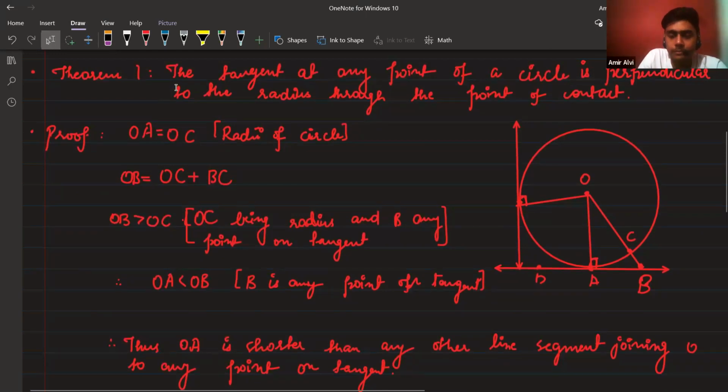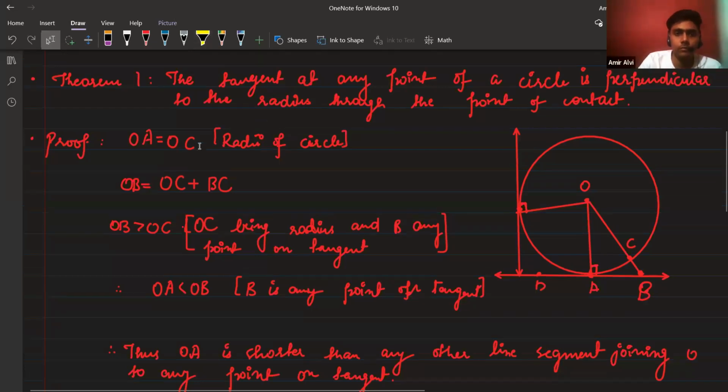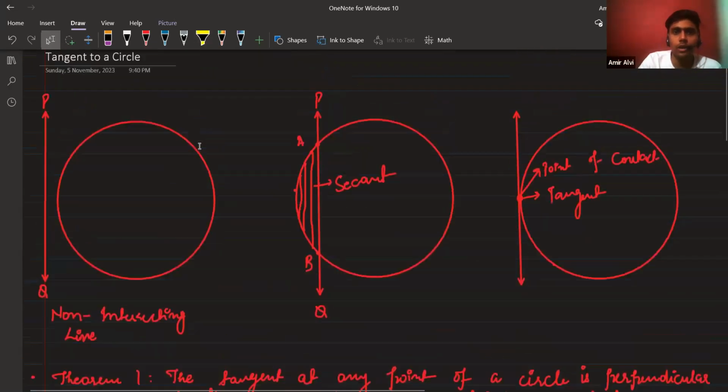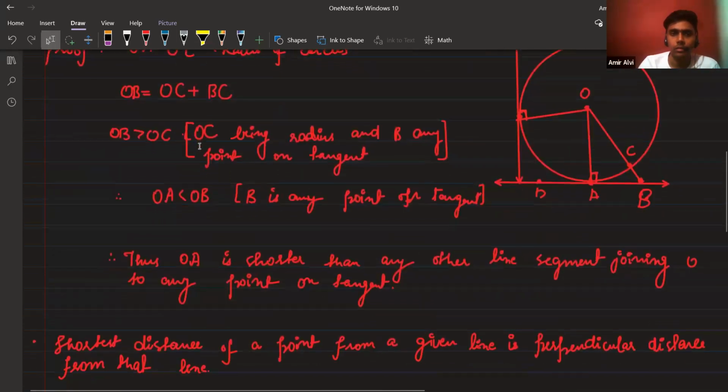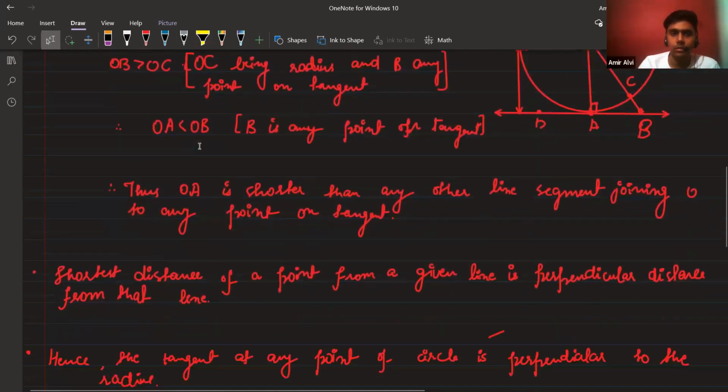Take the screenshot. A little lower, exactly from the proof starting. Yes, perfect.